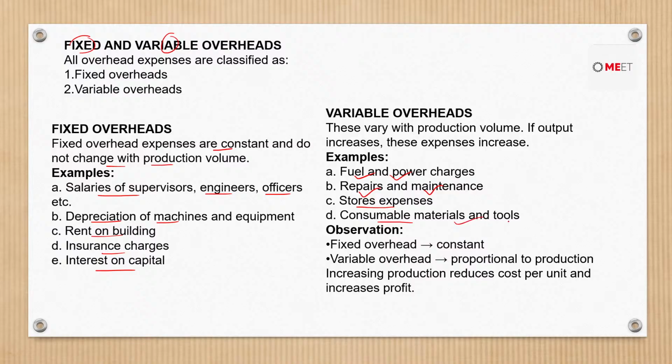So with the increase in production and output, all these parameters are going to increase. The observation is that fixed overhead is going to be constant, whereas variable overhead is proportional to production output, and it reduces cost per unit and increases the profit. Basically, this is going to give us an optimization.